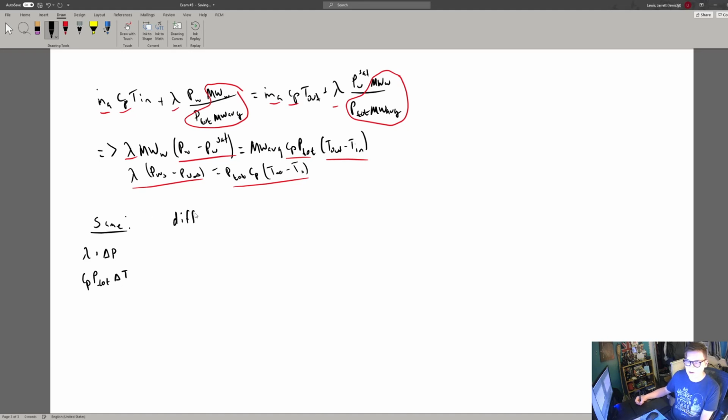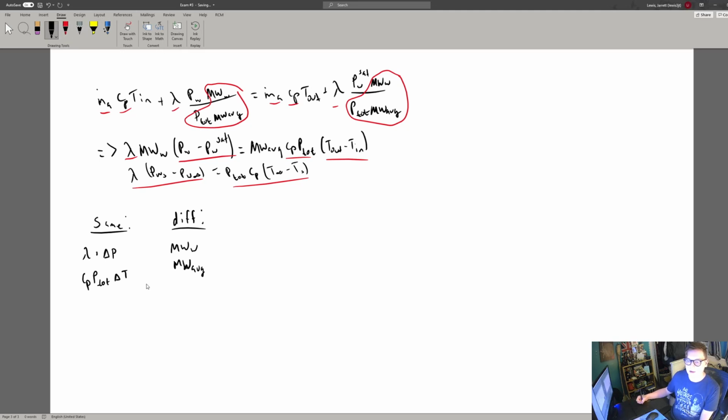Some differences that we have: we are multiplying by the molecular weights. So on the left side of the equation it would just be the molecular weight, and then we are multiplying by the average molecular weight on the right.